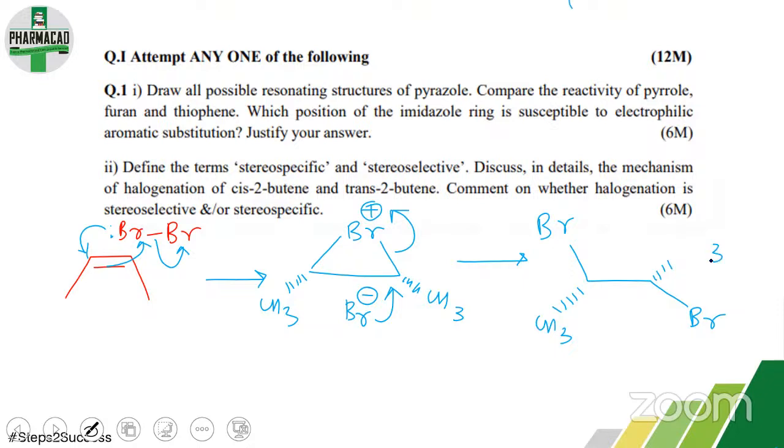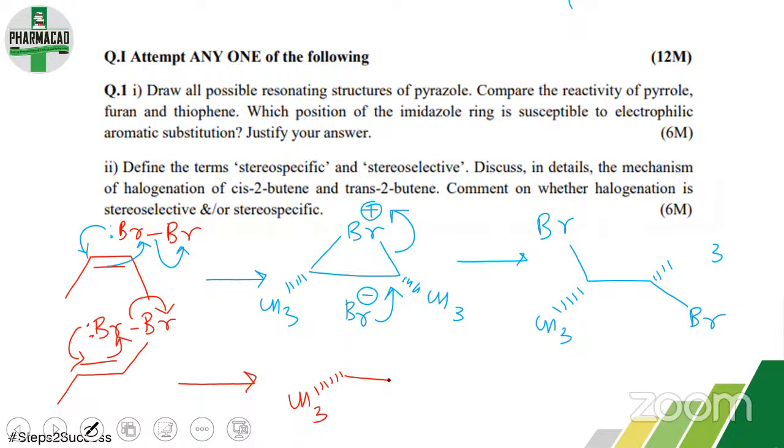Okay, but when we have trans-butene, that is in this manner, and we add Br2 over here, what will happen? The shifting happens over here, this will get shifted over here, and this will get shifted onto this bromine. After this, the methyl is on this position, dash wedge, and the other methyl is on solid wedge because it is on the other side.